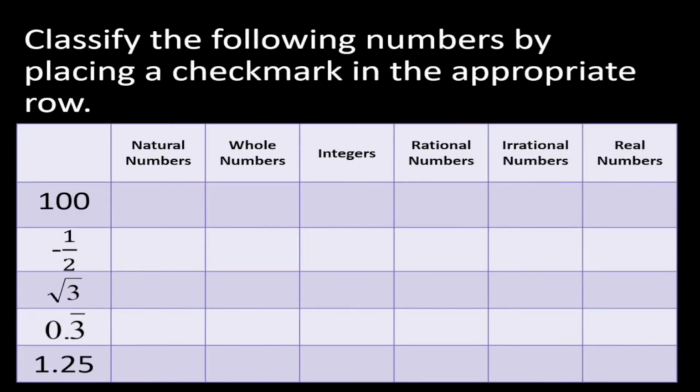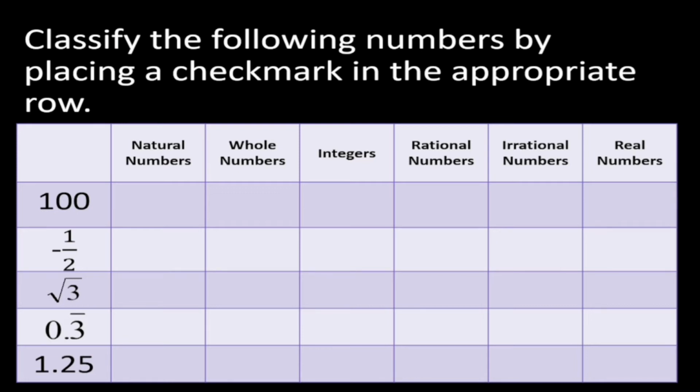Now let's try to classify the following numbers by placing a check mark in the appropriate row. For example, we have the following numbers: 100, negative 1/2, square root of 3, 0.3, and also 1.25. Take note that we can also have more than one answer.